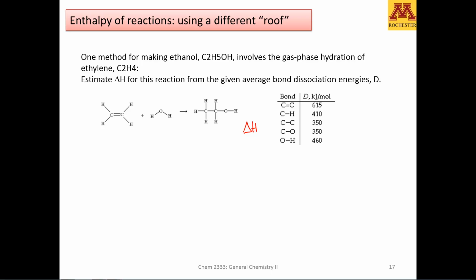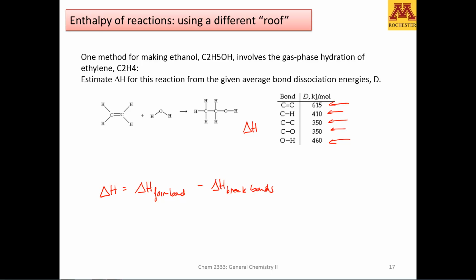We just need to come up with the right standard for everyone. So it's giving us the energy that it takes to break or form each of these bonds. So the enthalpy change will be, for this case, the enthalpy to form bonds minus the change in enthalpy to break the bonds.